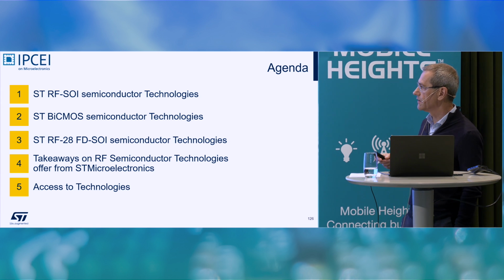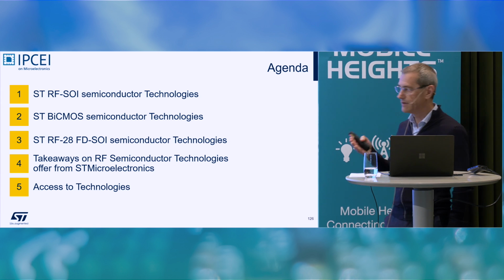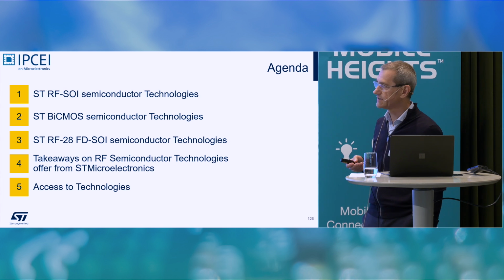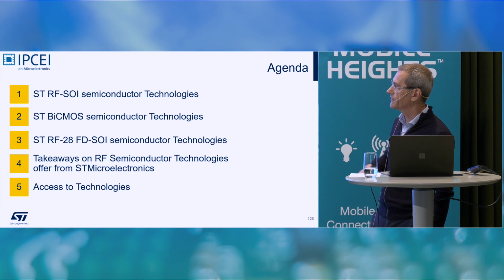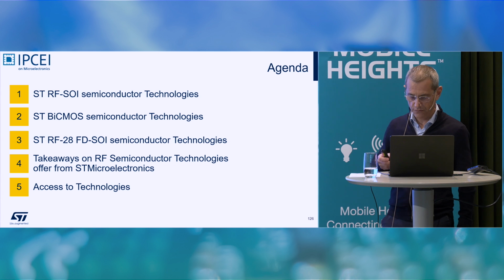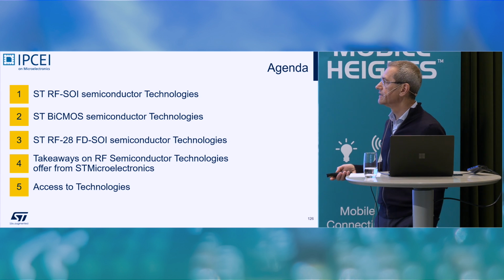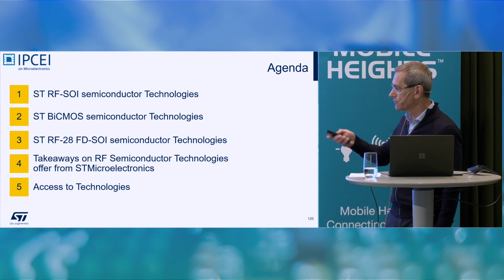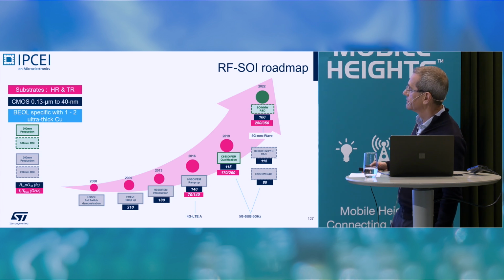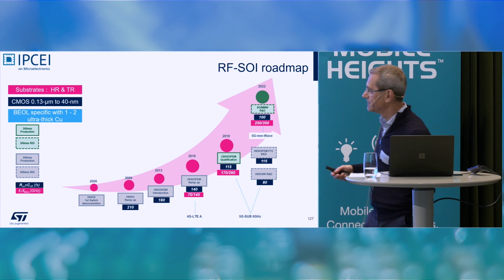Then we also have the RF 28 FDSOI, the well-known FDSOI semiconductor from ST, based on Soitec wafers like the RF SOI above. And then we'll have a summary of these technologies and how to access them. Sorry, it's difficult for me to see all this.